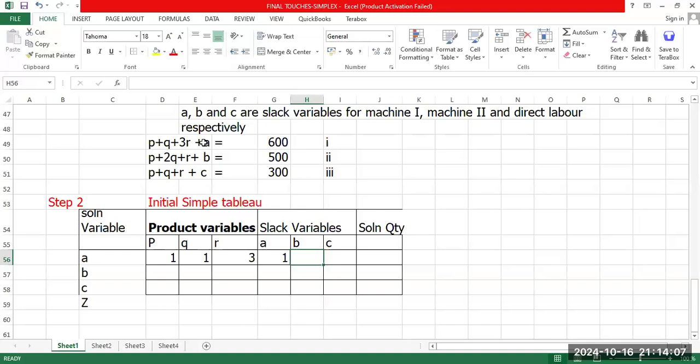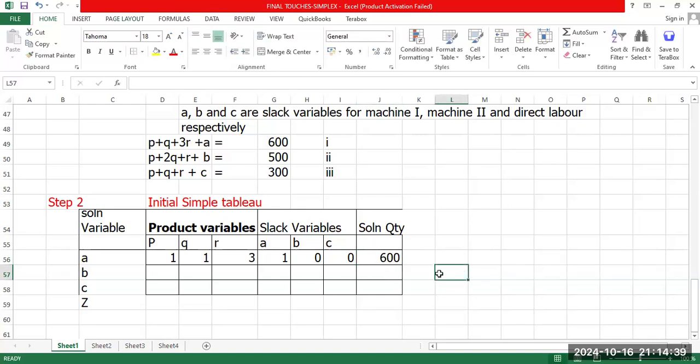If something is just A, it is just 1A, so you write A only, but the value before A is 1. Then in equation 1, do you have B? No, so you put 0. Do you have C in equation 1? No, you put 0. Then solution quantity: what is the value after the equal sign? 600.